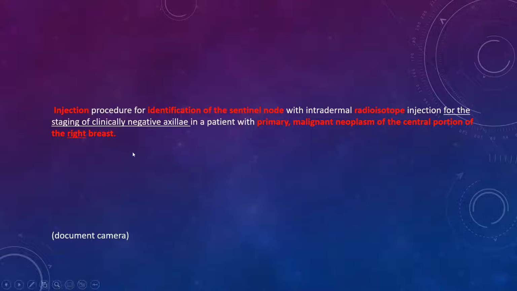Then it tells us here, and I've just underlined it, for the staging of clinically negative axillary. So the purpose of this injection with the radioactive material is to stage something, okay? And then we know that the patient has primary malignant neoplasm of the central portion of the right breast, okay?